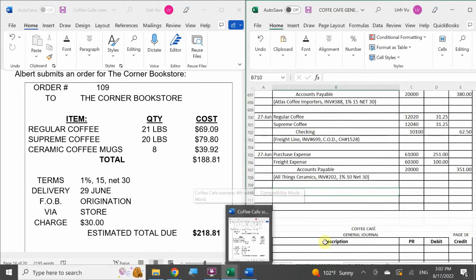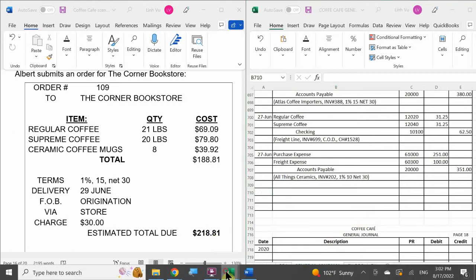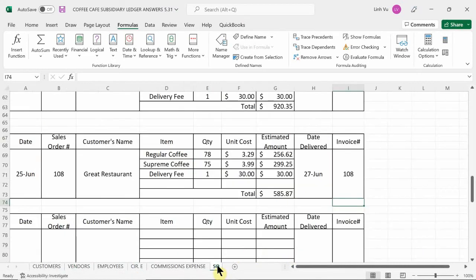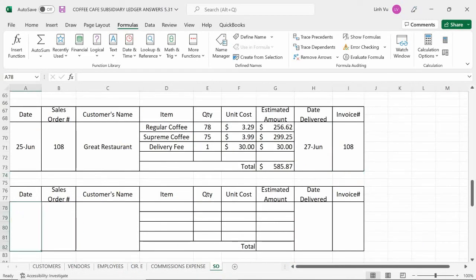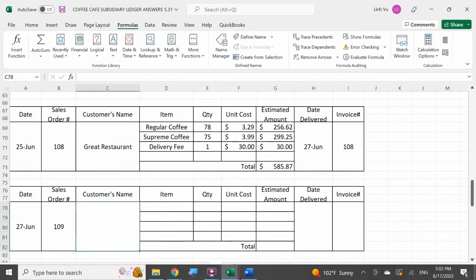We need to go to subsidiary, to the sales orders, and sales order 109 for Corner Bookstore.